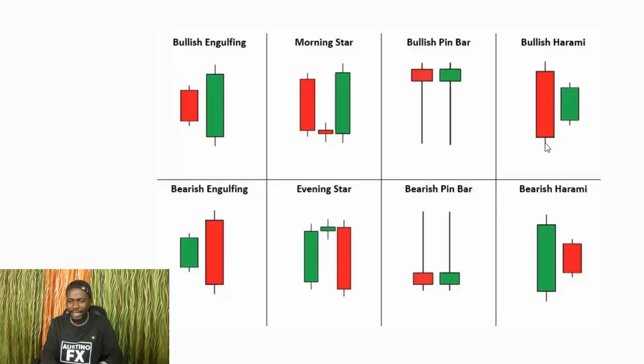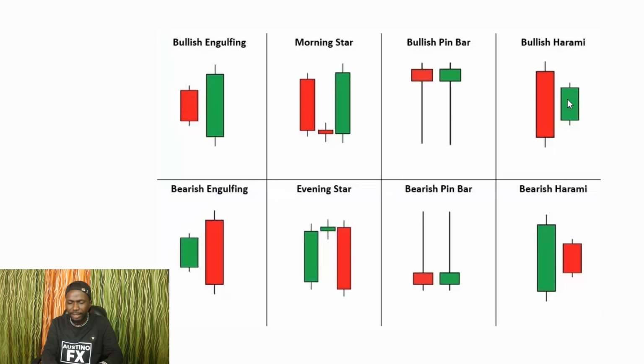A gap up is when after the close of the red candle, we see a green candle that gaps up from the close of the red candle. Normally as this red candle closes here, a new candle is supposed to appear here, right? But if there is a gap up, instead of a new candle appearing here, there is a gap up and then a green candle formed.